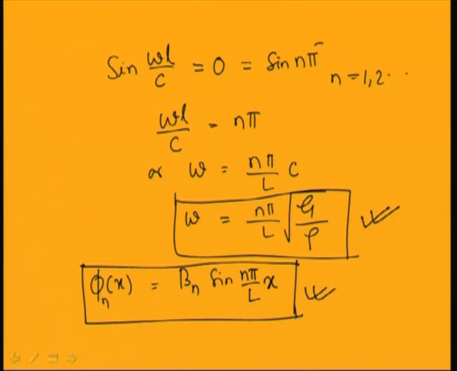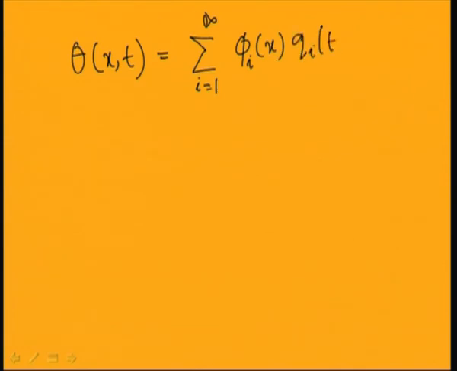So, the general vibration, theta of x, t, I can write in this form. As it contains n modes, I can write this equal to summation from i equal to 1 to infinity of phi i of x into q i of t.